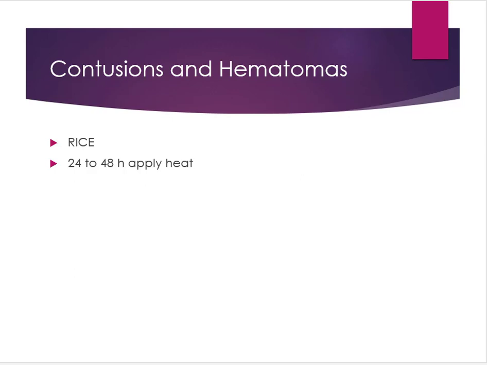With these injuries, it's also important to expand the differential diagnosis, especially in the hematoma realm. Could there be some blood-related issues going on, such as hemophilia, von Willebrand's disease, or purpura? There is a condition called myositis ossificans, which is a complication of contusions.